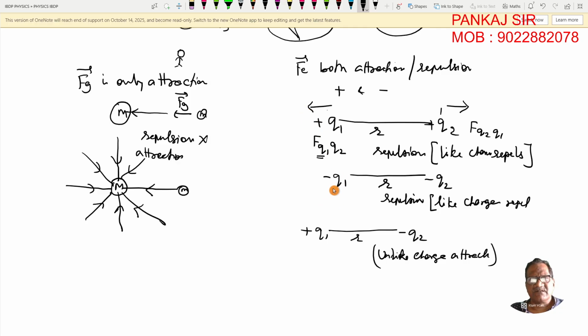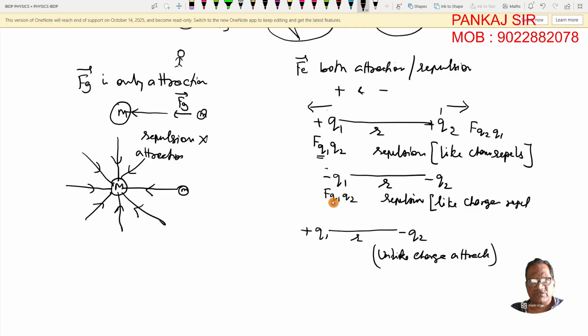Same way here, when both the charges are negative, F q1 q2 will mean the force acting on q1 due to q2. So this is q1 and this is q2. So q1 will be thrown back.